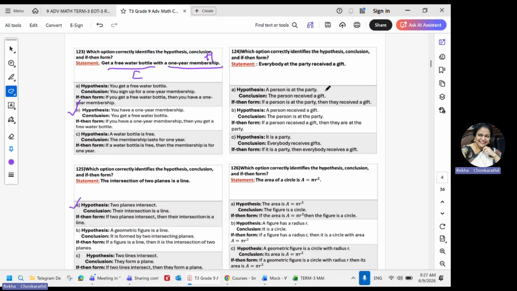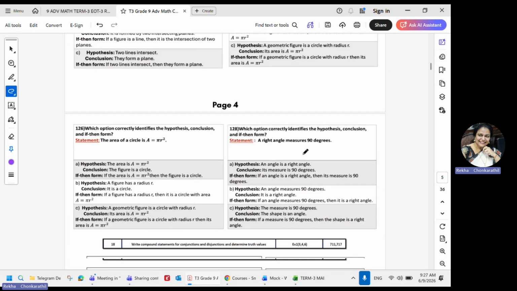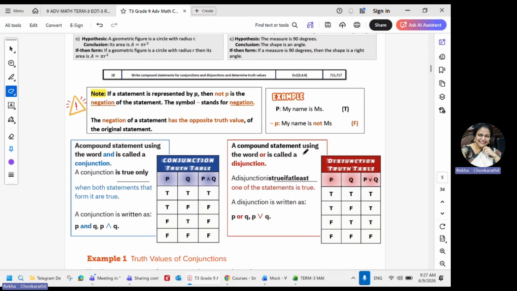So if a person is at the party, then the person received a gift. So this is the conditional which is correct. That is question number 124. Option A will be correct. You understand? Okay. Similarly, I ask you to do the other examples based on hypothesis and conclusion.